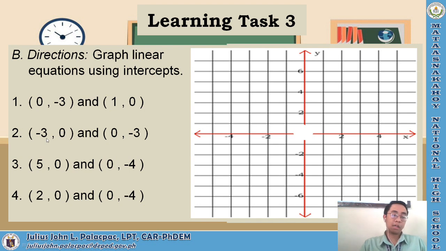We have here x or a is equal to -3. So a is x. If the graph is on the x-axis, we will make that number a. If the graph is on the y-axis, we'll make that number b. So a is -3. So -3 here. b is -3.